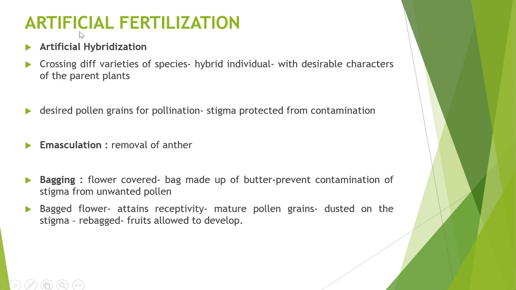First is the selection of plants. The first stage of artificial hybridization is the selection of plants. For example, take sugarcane. In sugarcane there are long and short stems, or thick and thin stems. What we need is long and thick.